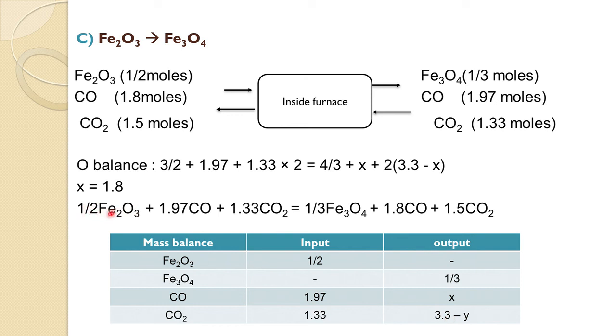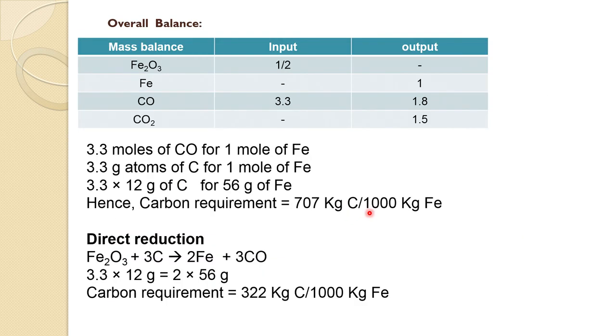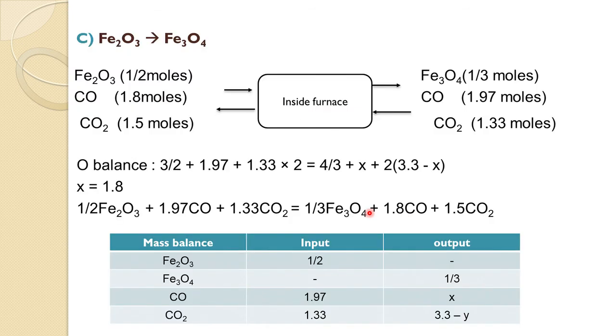This gives you this equation, where 1.97 moles of CO is being used to reduce hematite into magnetite. And this is the overall mass balance.